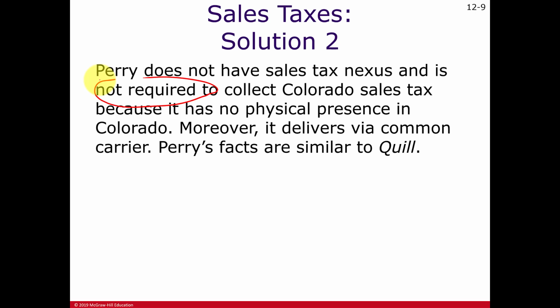Now, all of this has been decided in old cases. This last one called Quill. And just recently, in 2018, there's another Supreme Court case called Wayfair. I think this company sells home furnishings, typically online.